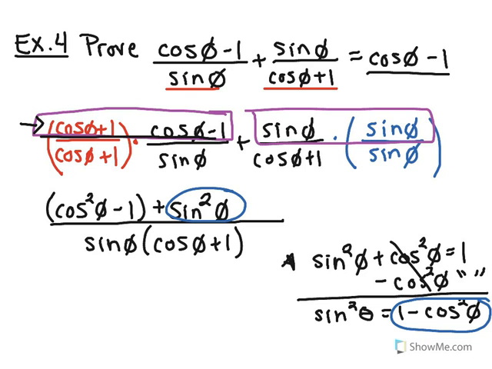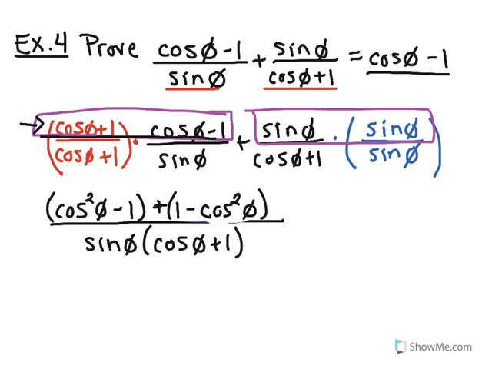So you can manipulate your Pythagorean identity, or any of them in that matter, to fit what you need them to work with you for. All right, so I'm going to erase this, and I'm going to replace this in the very same step with 1 minus cosine squared phi. All right, so there we go.